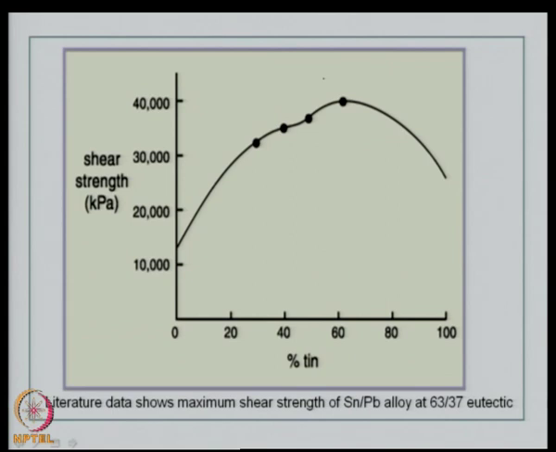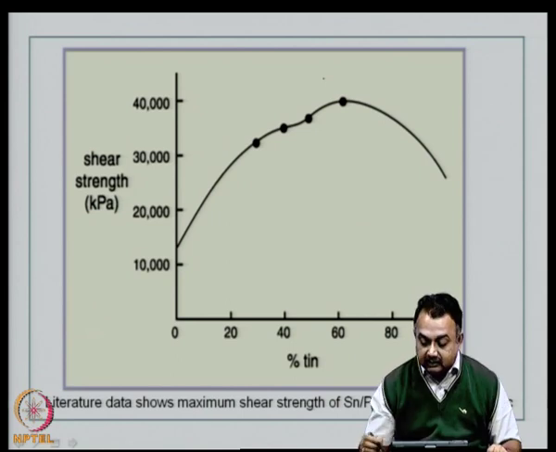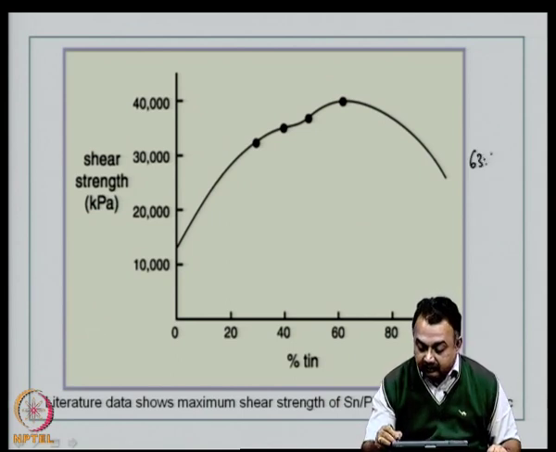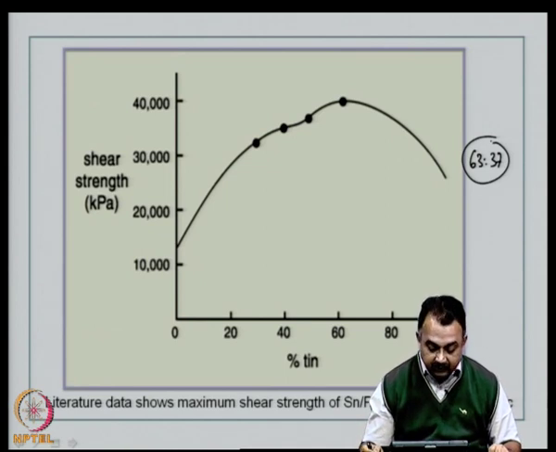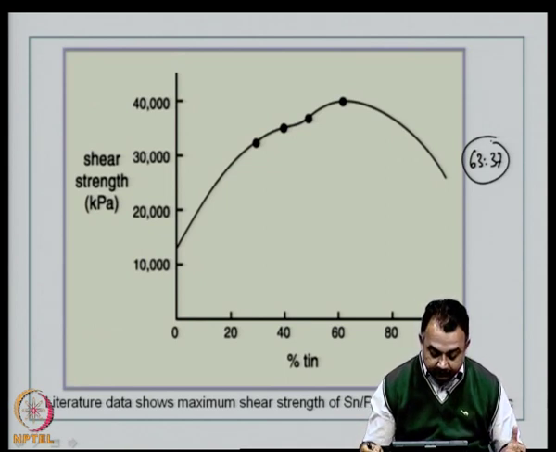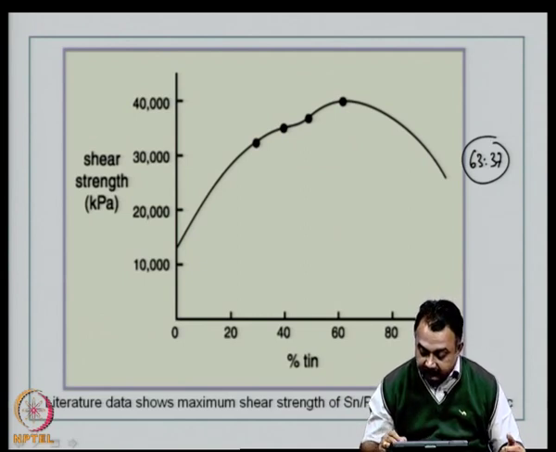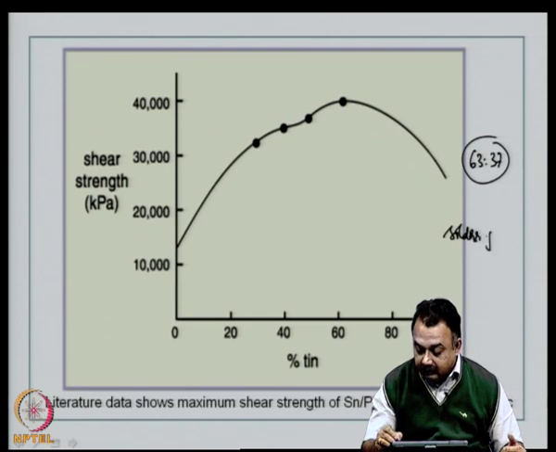the importance of understanding the tin lead phase diagram and why we choose 63/37, one of the studies that have been done over the years is that literature shows maximum shear strength of tin lead alloy at 63/37 eutectic, because when you are talking about a solder joint, okay, using tin lead alloy, we are worried about the solder joint reliability.